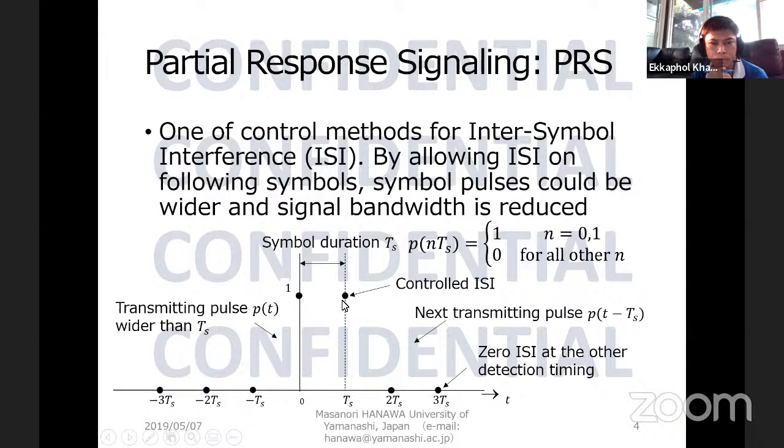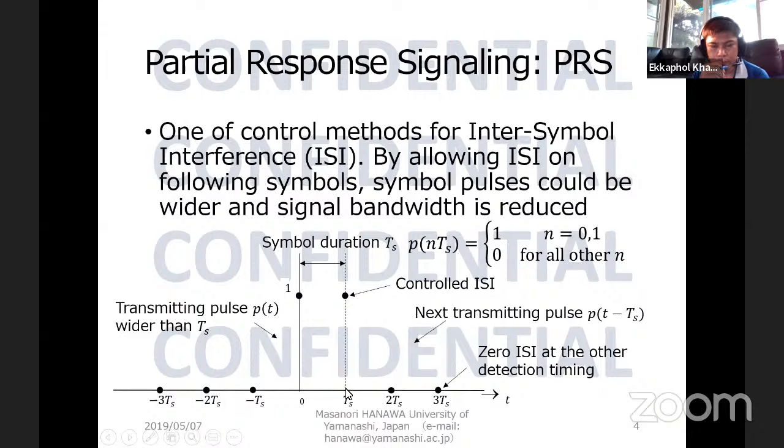So we send a symbol twice, but we don't send any pulse at different time instances.